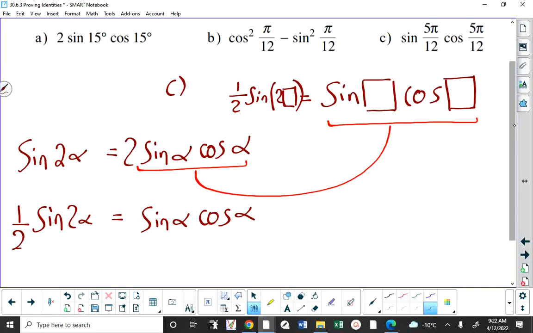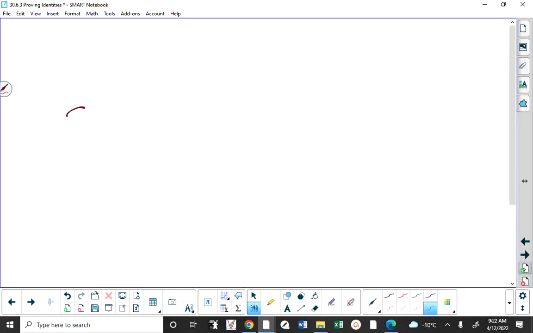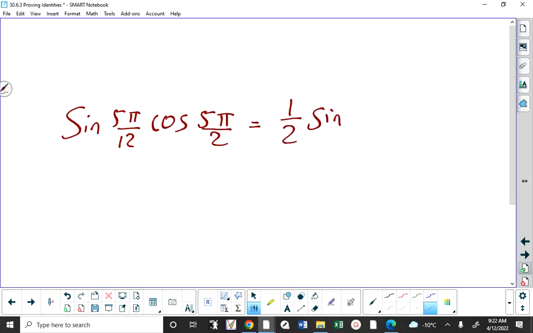Okay. Bottom line here is that for C, I can write sine of 5 pi over 12 cosine of 5 pi over 12 is equal to 1/2 times sine of 2 times 5 pi over 12.